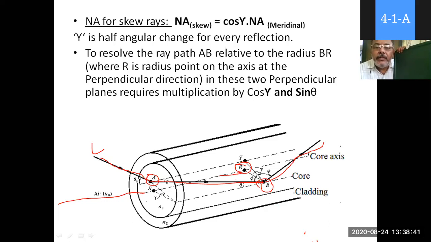From where it touches, a perpendicular is drawn to the radial point, and the plane crossing the point T through A. So you can have two planes.